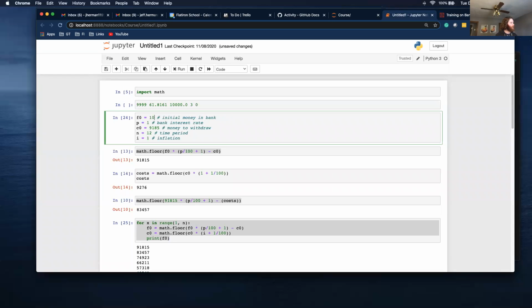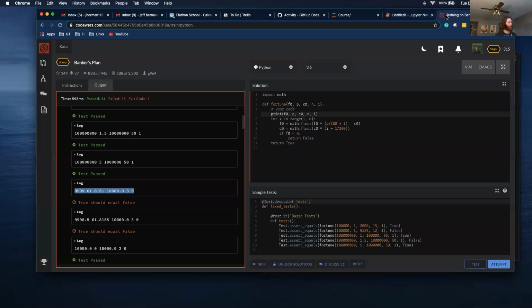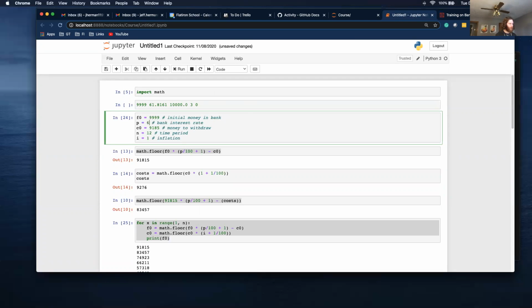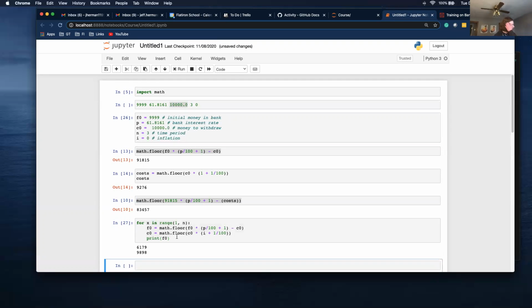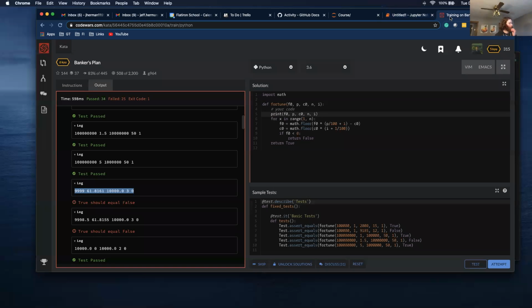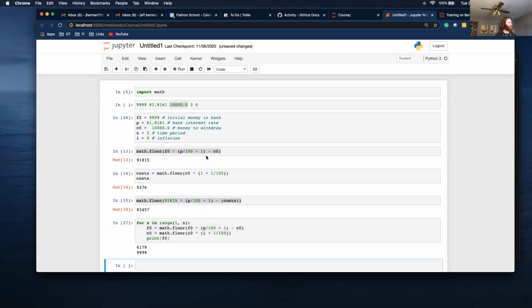The interest rate is 61, the period is 3, and our inflation rate is 0. So true should equal false in this case for some reason.